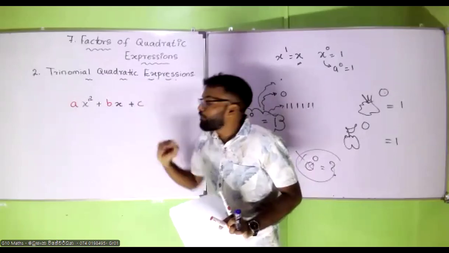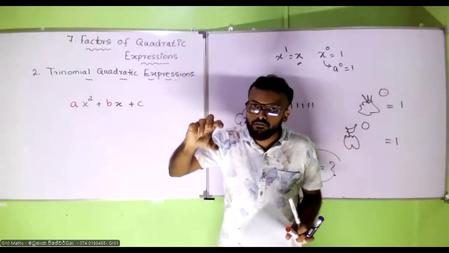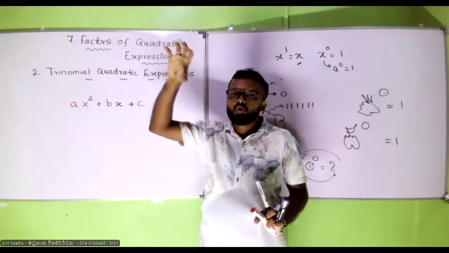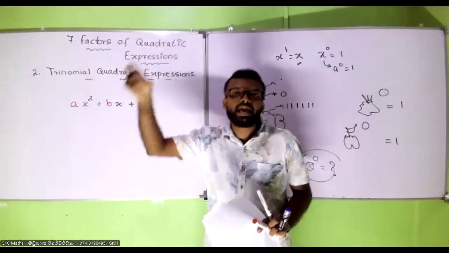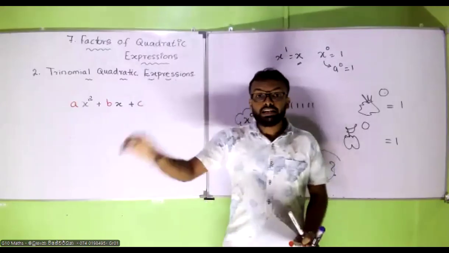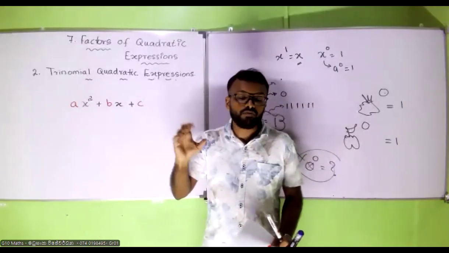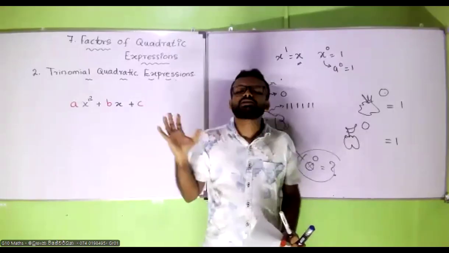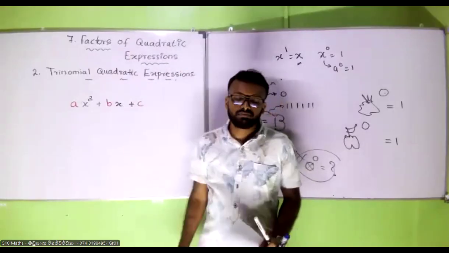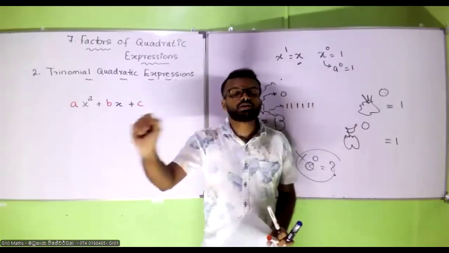This b is called the coefficient of x. And this one is not a coefficient, but we just say it is a constant.